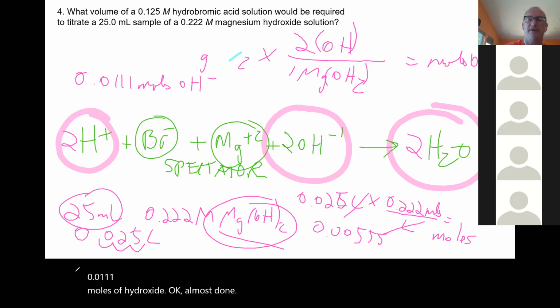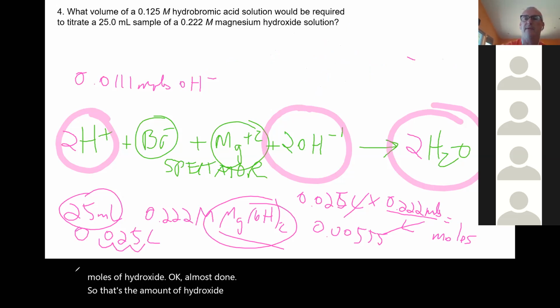So if that's the amount of hydroxide that's present, how many moles of H plus do we need to balance it out, to neutralize it? We can look at our net ionic equation.